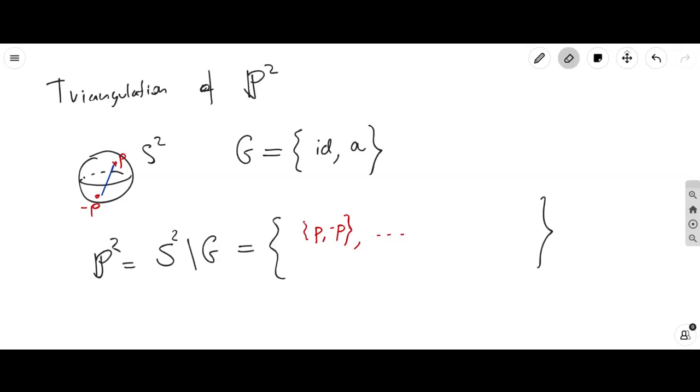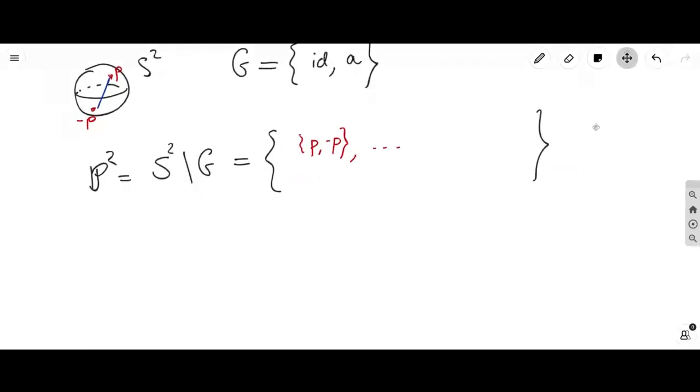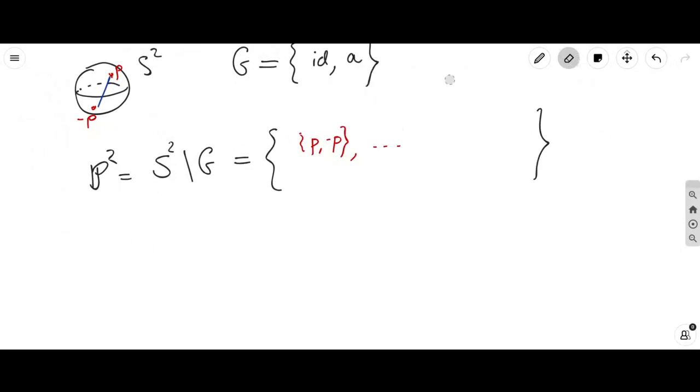So now here's the way we visualize the projective plane. This might not be the best way to visualize it. The way we often visualize it is we have the upper cap and the lower cap. But there's no reason to include the lower cap because the points in the lower cap correspond to the points in the upper cap.